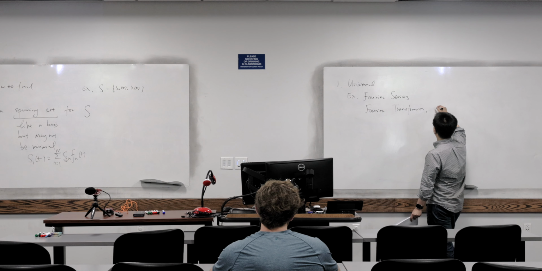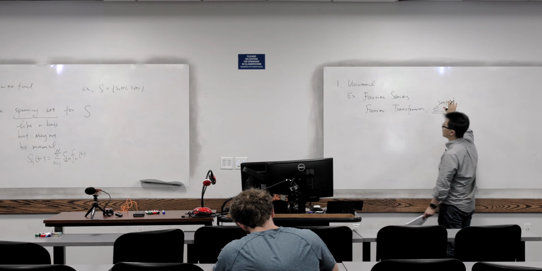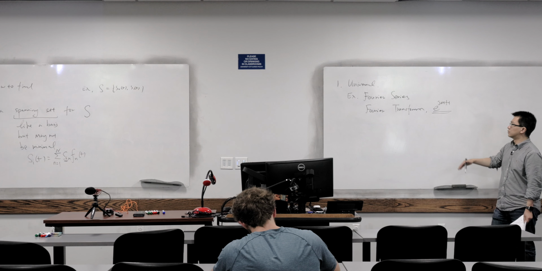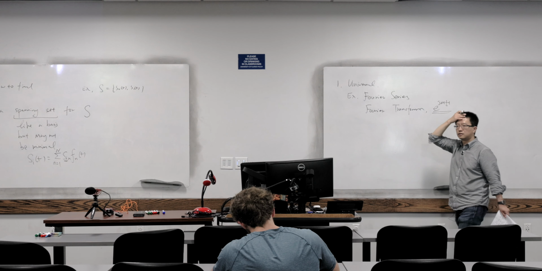Basically it means e^(j2πft), something like that, for our basis. We can do that for different frequencies. And if you want to use that, our S of t has to be periodic, otherwise we can't. All right, so this is one approach.